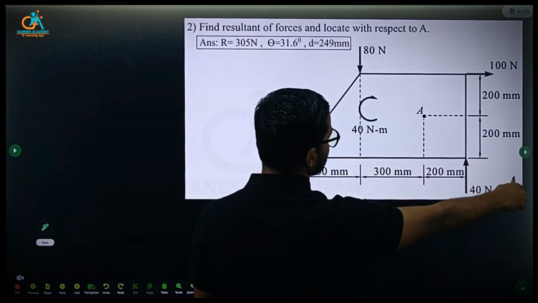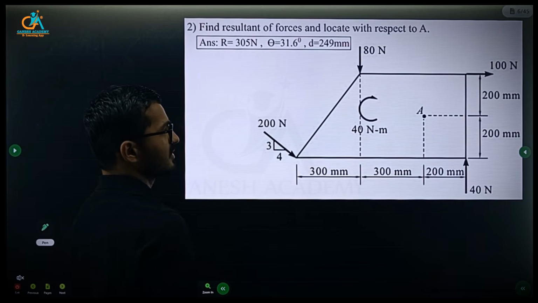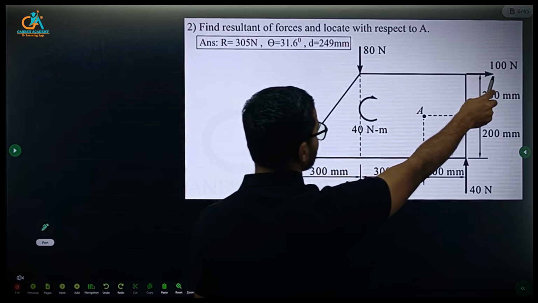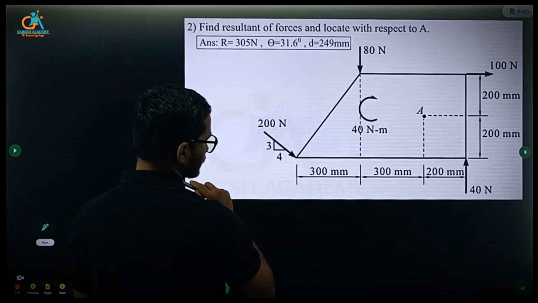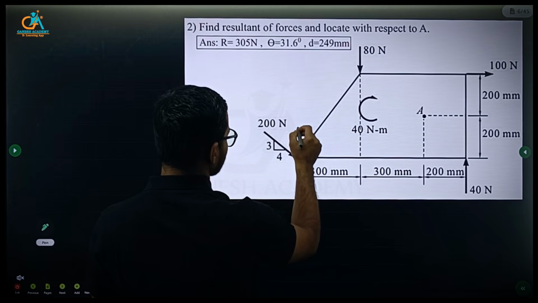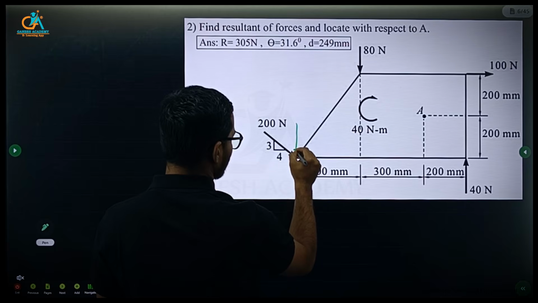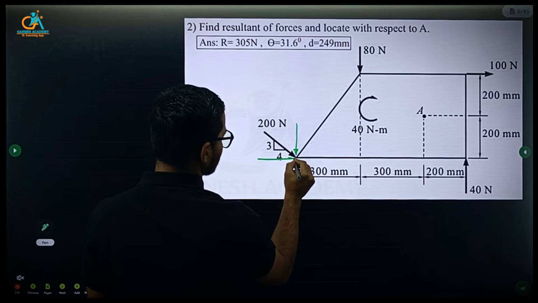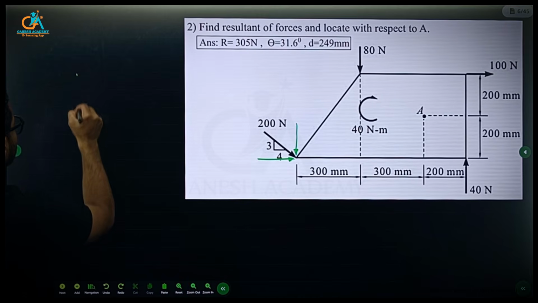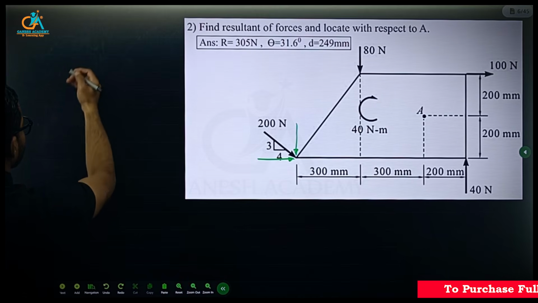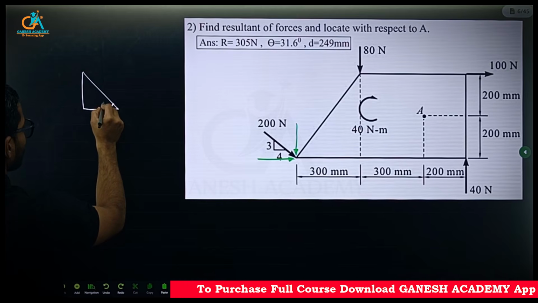All the remaining forces are either upward or horizontal, so we don't need to resolve these 80 Newton, 100 Newton and 40 Newton forces. So we need to resolve this inclined force, right? So we will get one vertical component and one horizontal component, and the angle, you can use this slope.